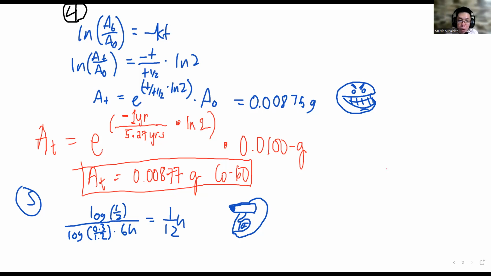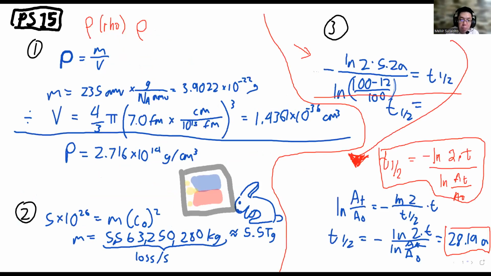Check your equation first. If I use your equation, negative ln 2 times time over ln 80 over A0. Go back to page 2.